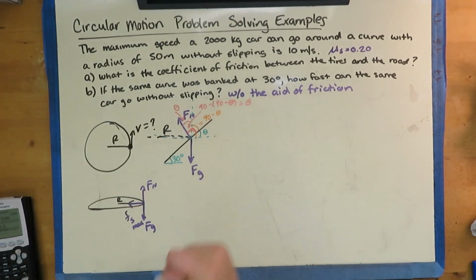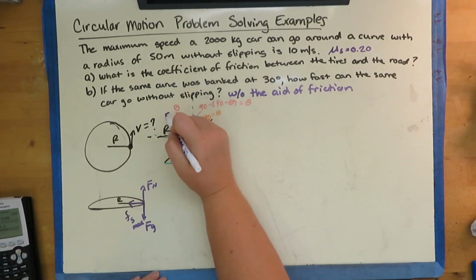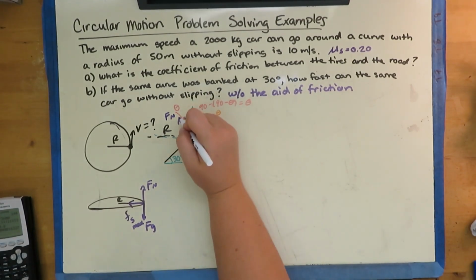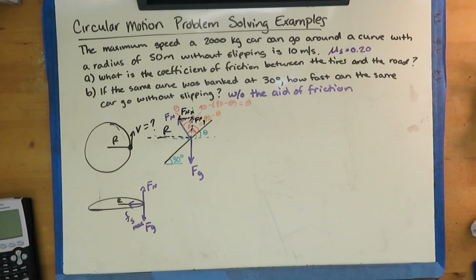So basically, we're going to look at our normal force. Move that around. And then I have here Fn in the x direction, and then I would have Fn in the y direction.